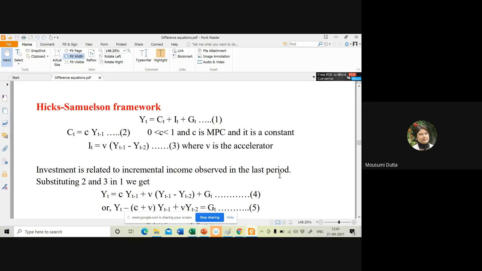So we consider the surplus and invest it in a magnified, scaled-up way in the t-th period. Here investment is related to the incremental income observed in the last period, the incremental income observed in 2020.